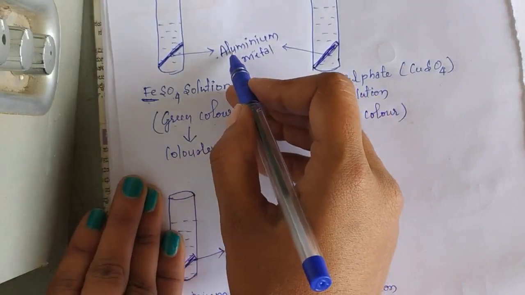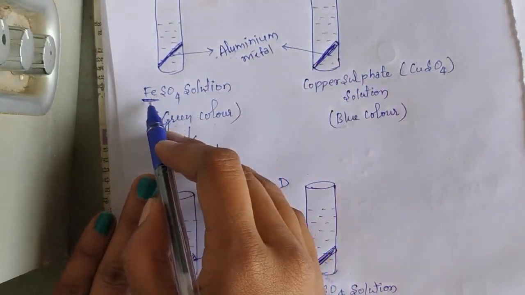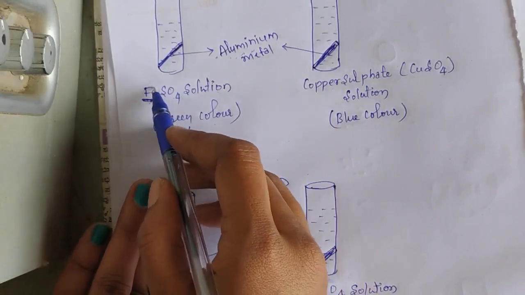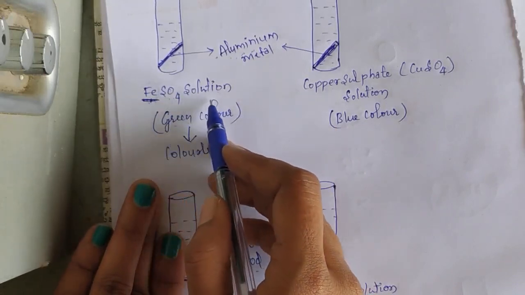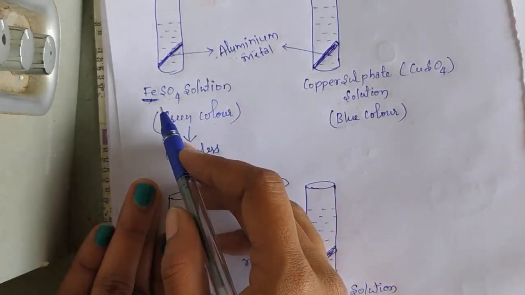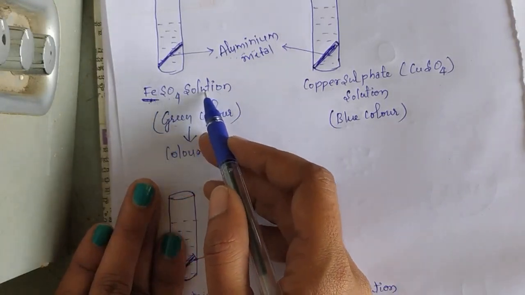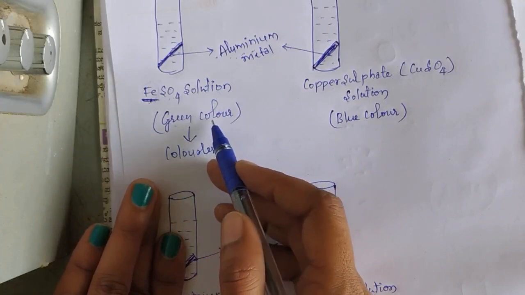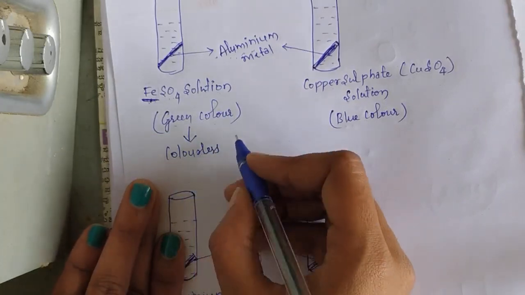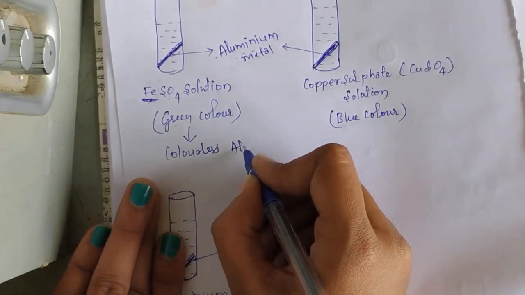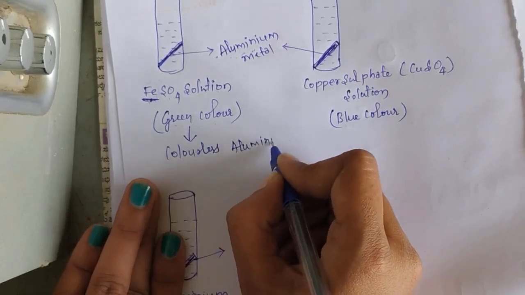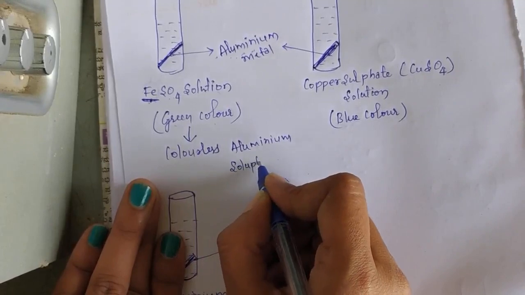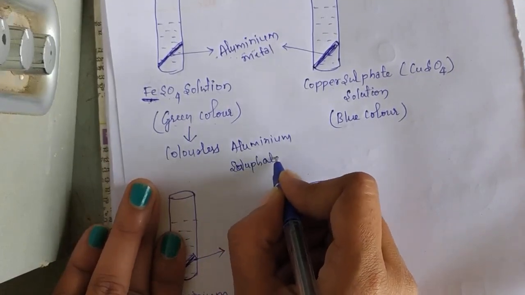Here aluminum is more reactive than iron. That's why aluminum metal will displace the iron metal from the ferrous sulfate solution. As a result, the color of the ferrous sulfate solution changes from green to colorless, because the color of aluminum sulfate is colorless.